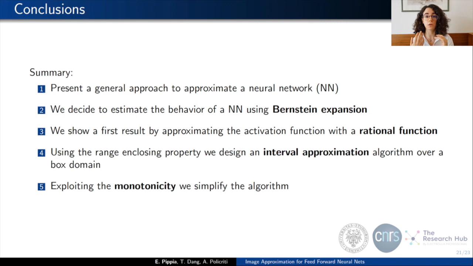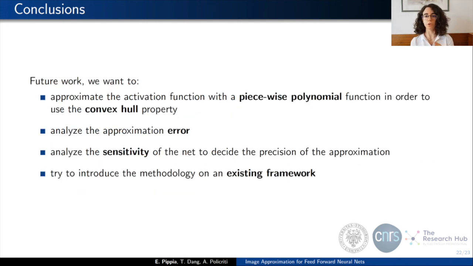And also we exploit the monotonicity of the activation function, describing a faster algorithm to have a first intuition in the reachability analysis. So what do we want to do in the future?